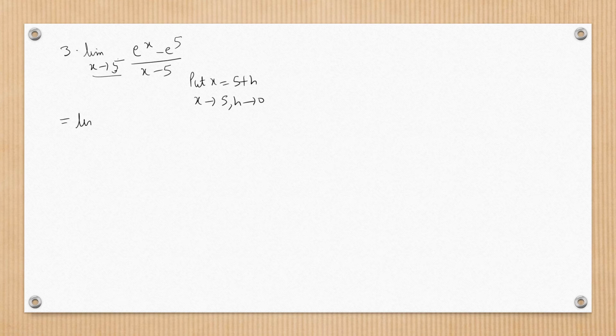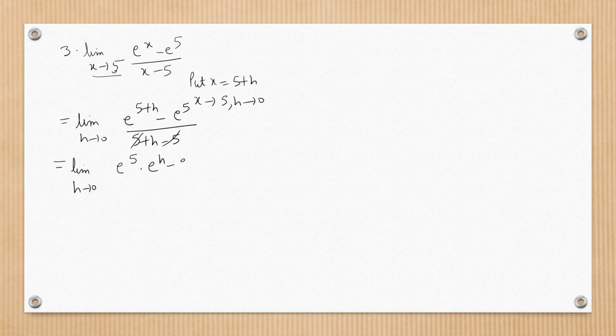So it becomes limit h approaches 0, e raised to power 5 plus h minus e raised to power 5, and it is 5 plus h minus 5. So if you observe it, now it has become the same as your question number 2. So again I split e raised to power 5 into e raised to power h minus e raised to power 5 upon h.